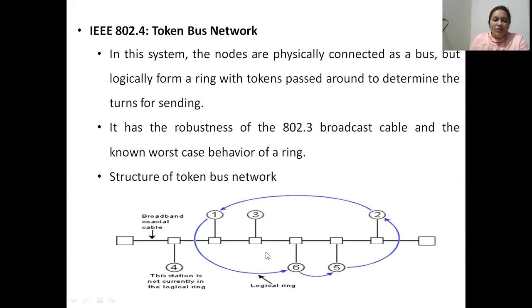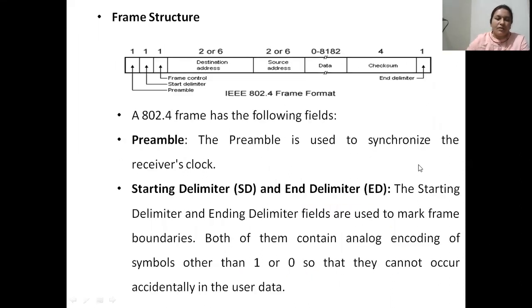A token will be circulating between these nodes, and whichever node wants to send or receive data has to grab the token and initiate the data transfer. Whenever the nodes have to transmit data, they have to follow the 802.4 frame format on the token bus network.